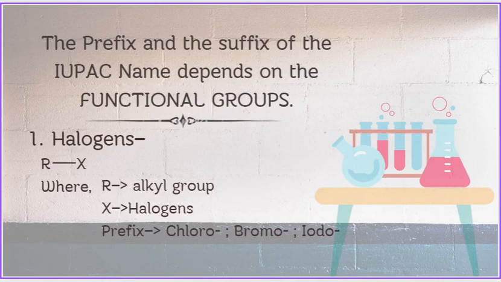R stands for alkyl groups, that is methyl, CH3, and ethyl, C2H5, and so on. X is for the halogens. Halogens are chlorine, fluorine, bromine, iodine. Prefixes for these will be chloro, fluoro, bromo, iodo. So that's halogen for you.